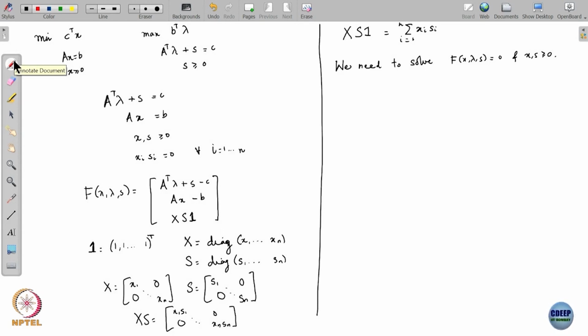So, we can take, for instance, a Newton step.